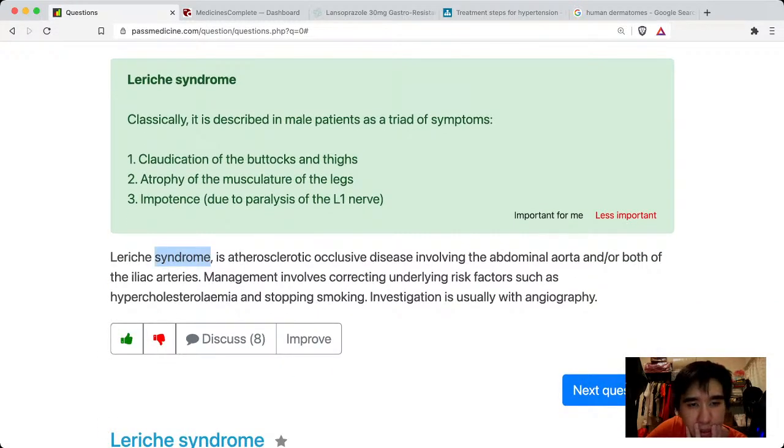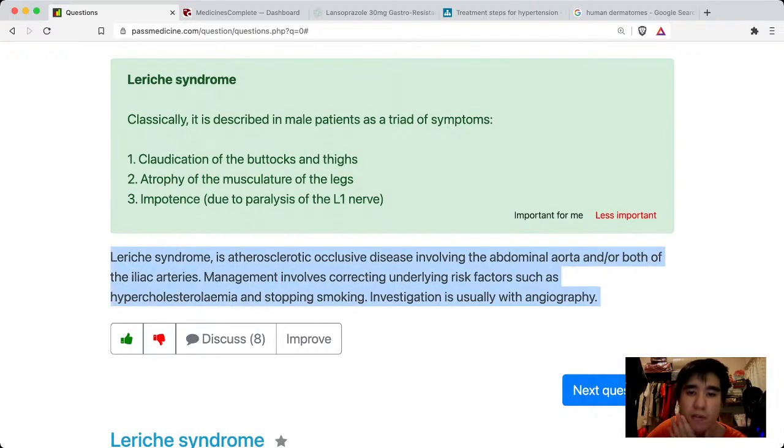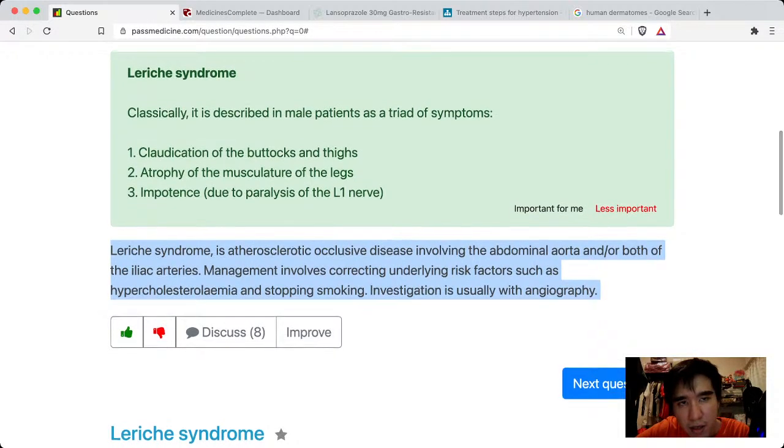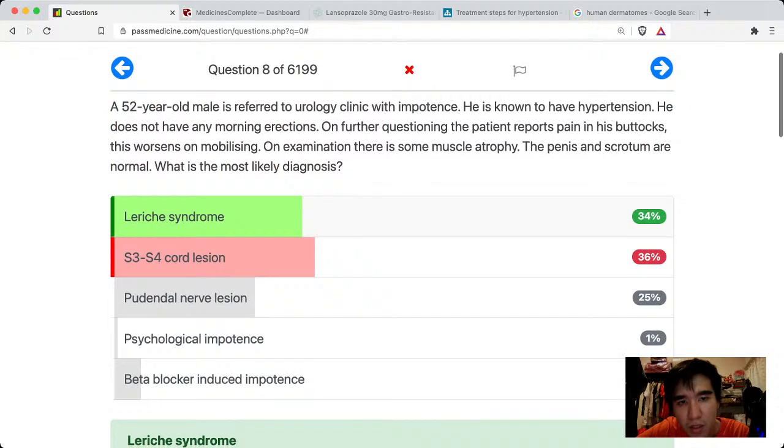Leriche syndrome is atherosclerotic occlusive disease involving the abdominal aorta and/or both of the iliac arteries. Management involves correcting underlying risk factors such as hypercholesterolemia and stopping smoking. Investigation is usually with angiography. So it's an arterial problem, not a nerve problem.